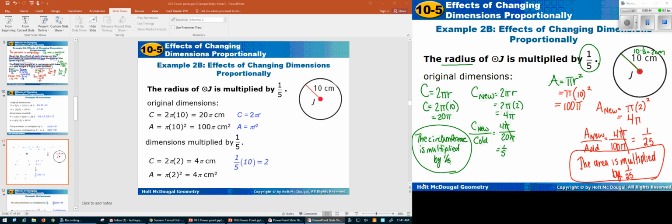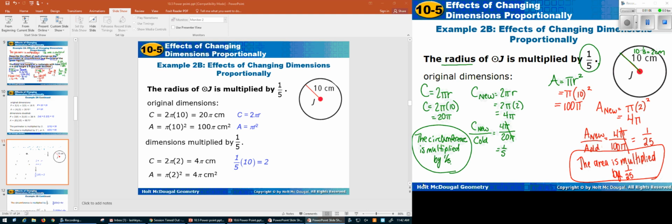If you changed all dimensions by a factor of A, what effect did it have on the perimeter? Okay, the perimeter was multiplied by A. Now here's the part I don't know if we've come to yet. Maybe it's starting to get in your head.